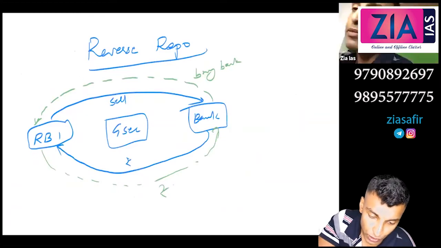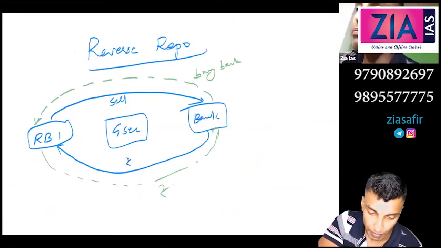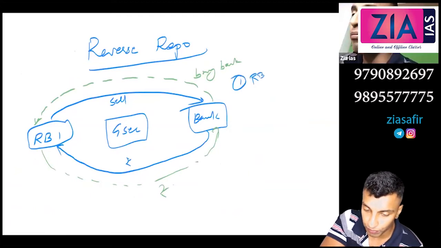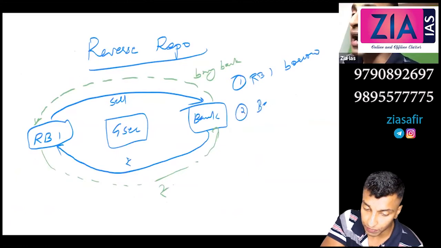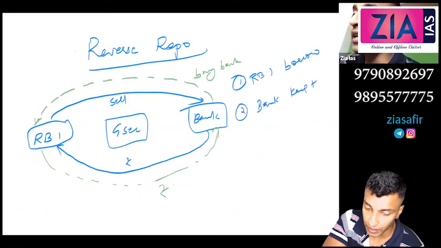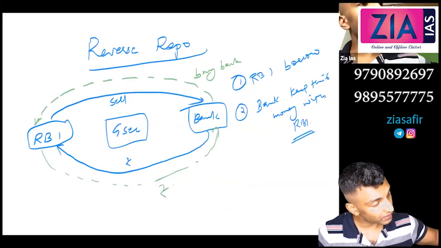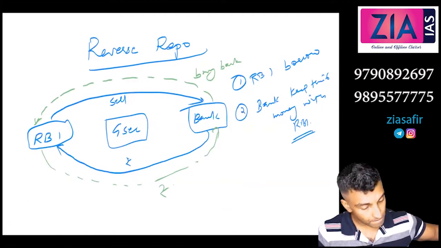Some textbooks or some teachers will say that in reverse repo, RBI borrows from banks. You can actually say it in two ways: RBI borrows from banks, or secondly, banks keep their money with RBI. What do you think is better? The second option. Why is the second better? Because why would RBI take any loan?